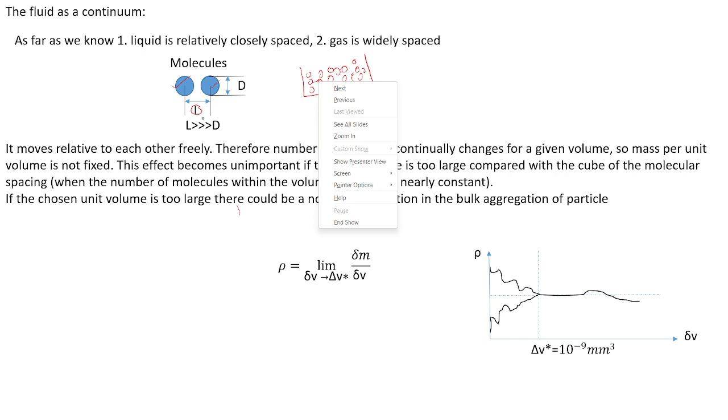And in case of liquid, it is relatively close as compared to the gas, as you all know. So basically, the continuum approach means the properties of the fluid should be constant.